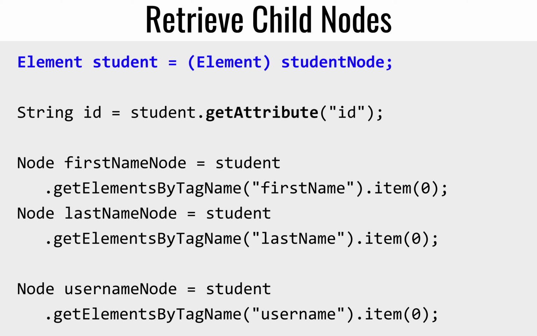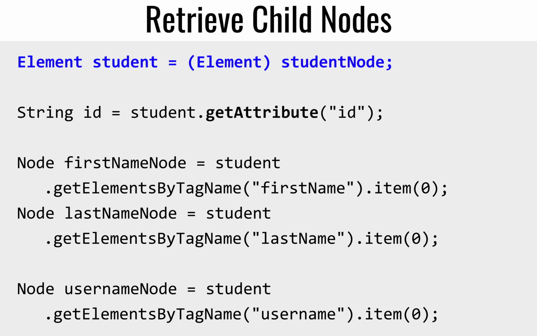We know there's only one of them, so we just retrieve the first item because that returns a node list. Get elements, it's plural. Get elements by tag name returns a node list of a whole bunch of elements, of which we know there's only one named first name. So we could get the first item already.